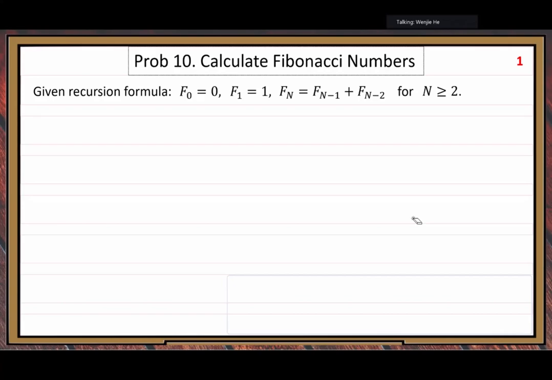The sum of the two immediately previous Fibonacci numbers. That's the generating rule. So simple, but the numbers generated are very interesting. There are many interesting properties for the Fibonacci numbers.